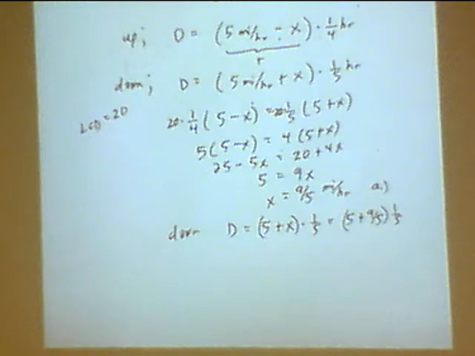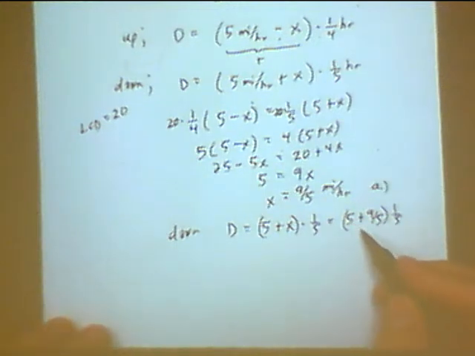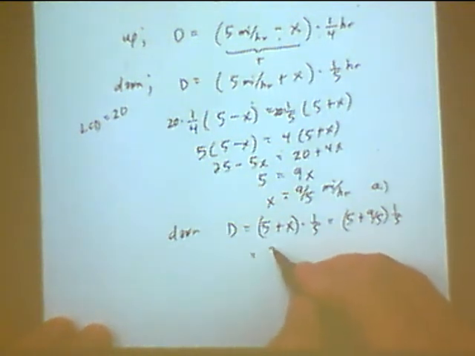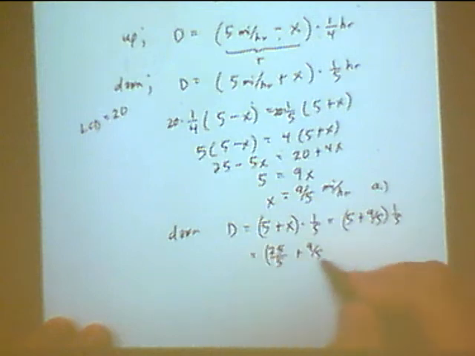Now I've got a little bit of a nasty fraction problem. So let's go ahead and get a common denominator, change that 5 to 25 over 5, plus 9 over 5. Now I'm going to multiply that by 1/5.